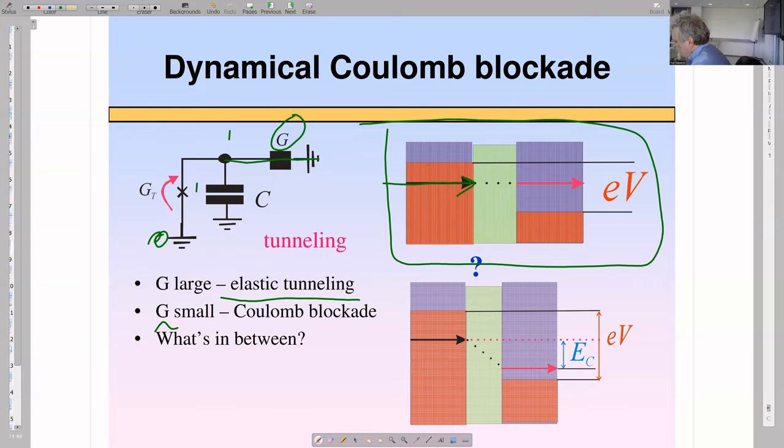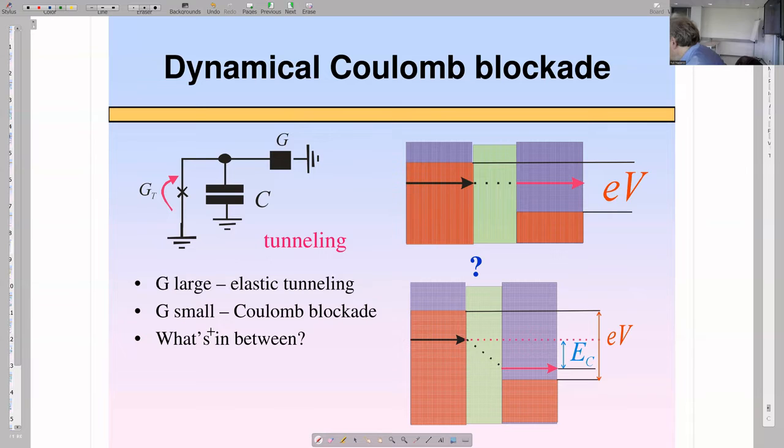If G is small, then it looks like the circuit is interrupted here. So we are back to the setup we have already investigated. There is a Coulomb blockade island. And what does it mean?